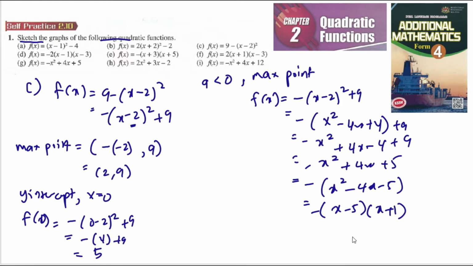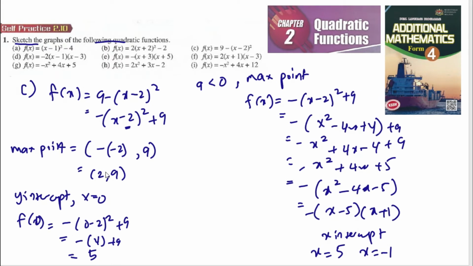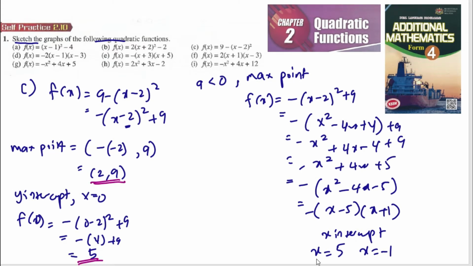So the x-intercept: x minus 5 equals 0, we get 5. x plus 1, we get x is equal to negative 1. So the maximum point is 2, 9. The y-intercept is 5. And the x-intercept is 5 and negative 1. So we can see x in between 5 and negative 1. So maybe negative 1 here. 1, 2, 3, 4, 5.